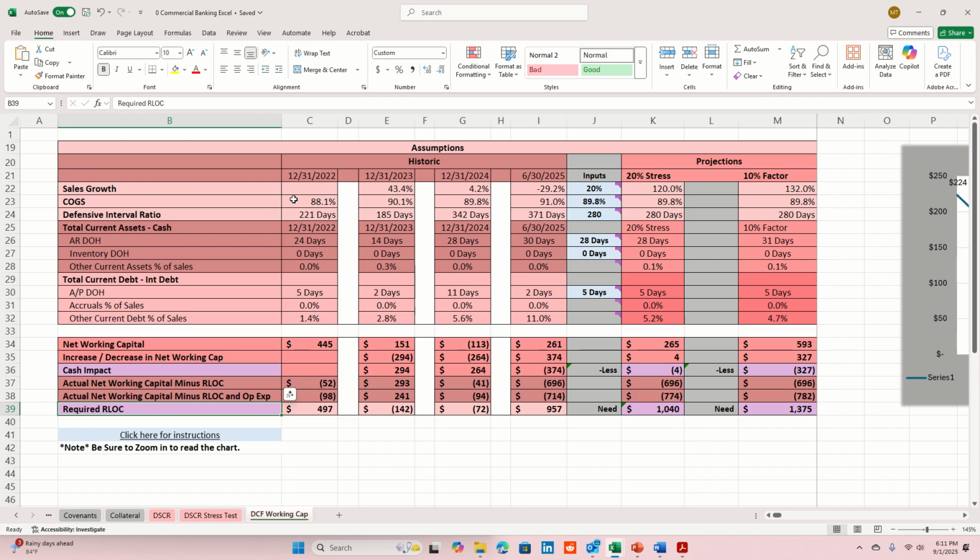It can tell us the cash impact that occurs because of the changes in accounts receivable, the changes in accounts payable, the changes in current liabilities, the changes in current assets. It tells us this is how much cash we lose every time this thing goes up, every time this thing goes down. So, in this situation, let's just use this for example. Our net working capital is 445.